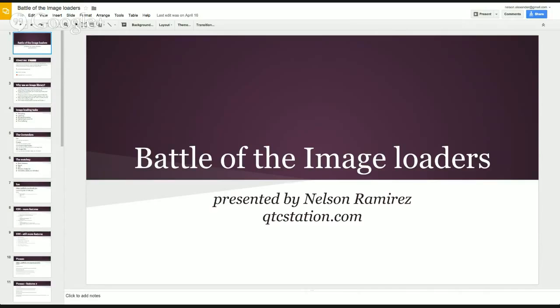So you mentioned memory footprint was one of the criteria while judging which image loader was the best. Can you talk a little bit more about it? Because I don't think I saw that in the slide. Could I talk a little bit more about the memory footprint?